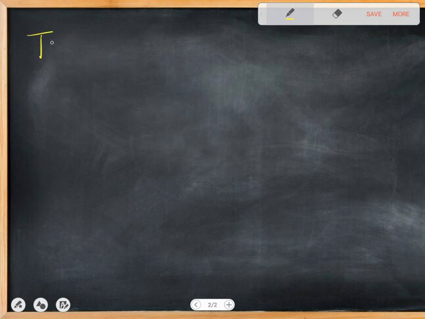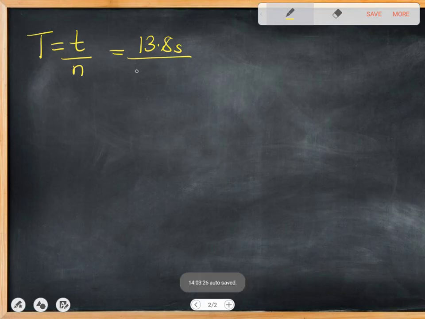Period is given by the time taken divided by the number of complete oscillations. That's how we do it. So what's the time taken? 13.8 seconds. Then here we have, now what is 3 over 4? 0.75.